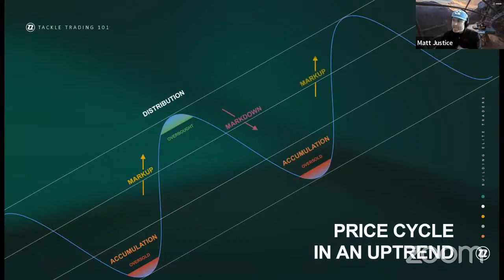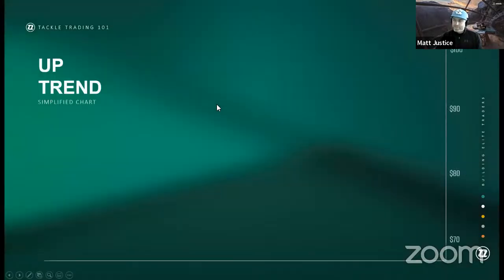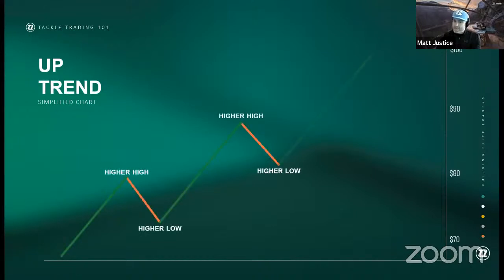And this pattern has a tendency to repeat itself over and over again. And so as a trader, when we see this repeating pattern, we just buy at support, sell at resistance. You've got this higher high, higher low, higher high, higher low, higher high, higher low.